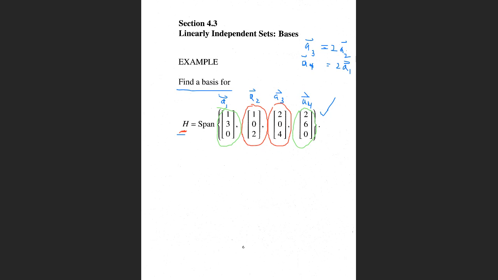Okay, so there's some linear dependence in this set of vectors. And so we don't need all 4 vectors to have a basis for space H. All right, let's look at it another way.